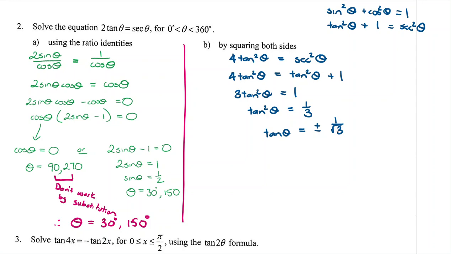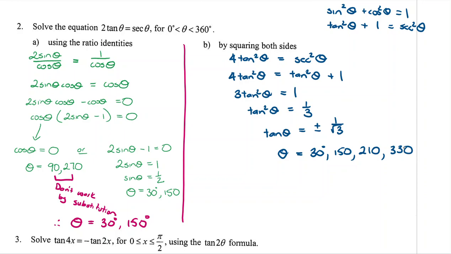Exact value triangles, again, we already know the answer though. It's good to have the answers there. So if you use your exact value triangle for 1 over root 3, it is 30 degrees for the acute angle. So you'd go 180 minus 30 to get 150, 180 plus 30 to get 210, 360 minus 30 to get 330.